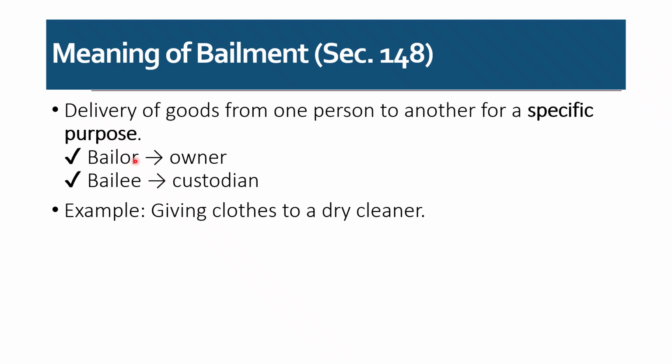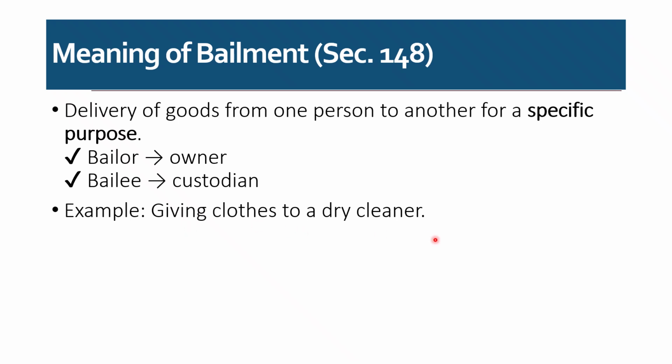Here there is a bailor, the person who delivers the goods or the owner of the goods, and the bailee, the person who receives the goods or the custodian of the goods. For example, giving clothes to a dry cleaner.